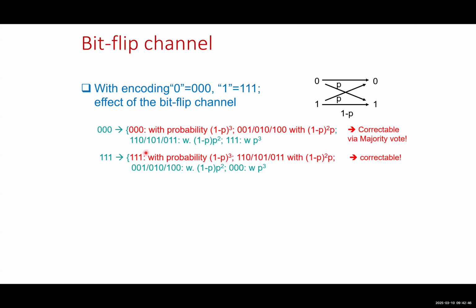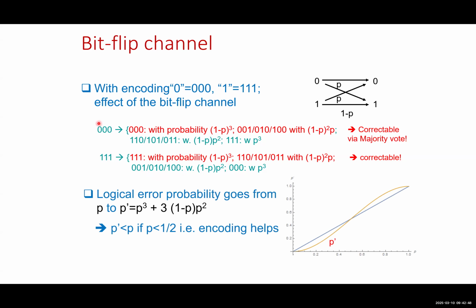So the error after this encoding only occurs at the later groups. You just add these: 3 times (1-P) times P squared, plus P cubed, is the error after you do this encoding.